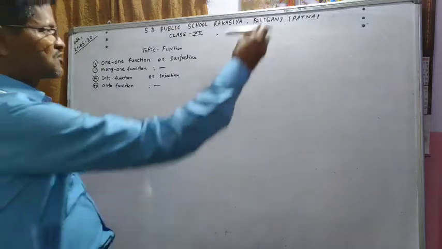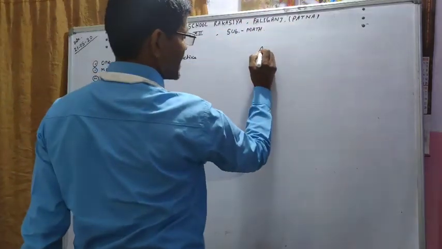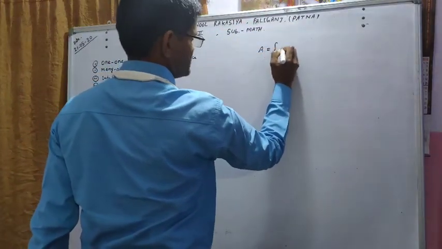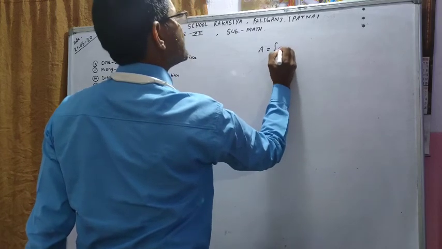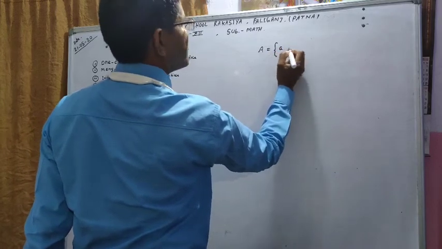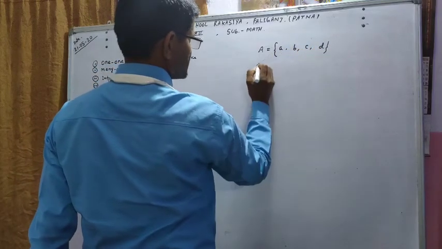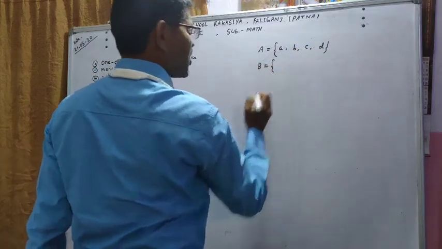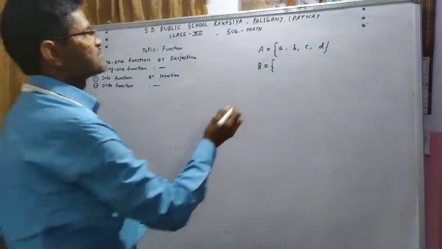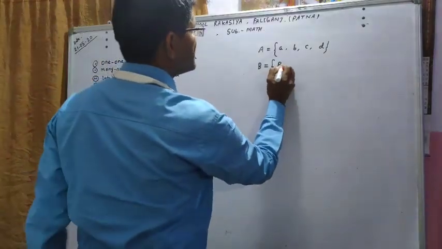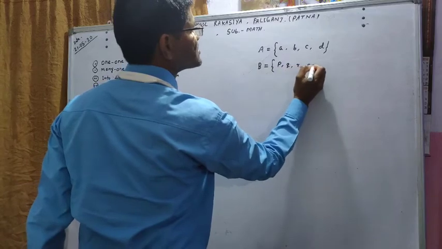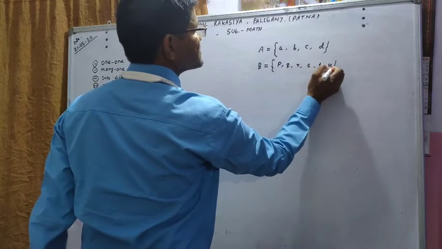Suppose two sets A and B are given. Set A has elements a, b, c and d. Set B has elements p, q, r, s, t, u, etc.